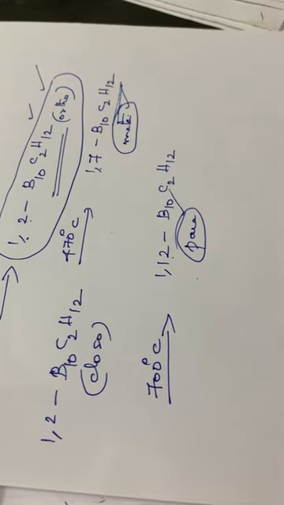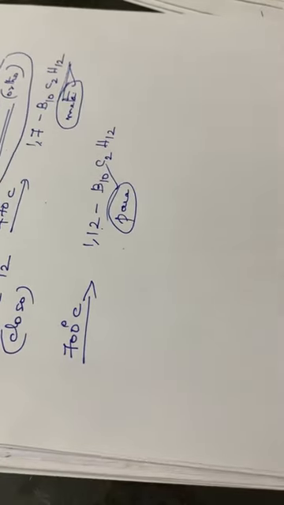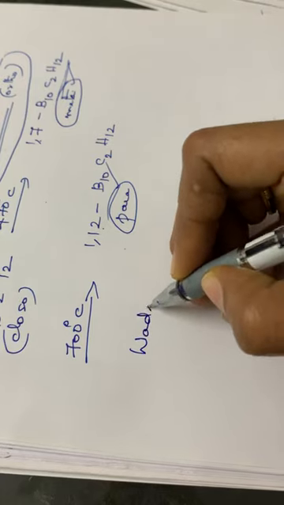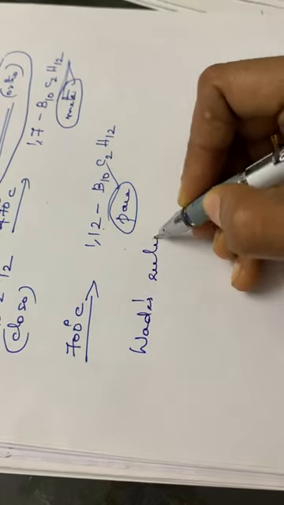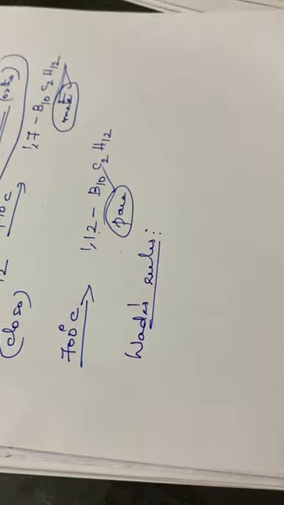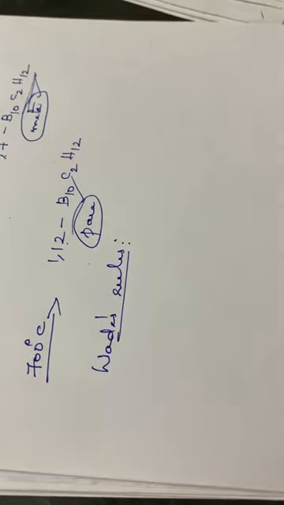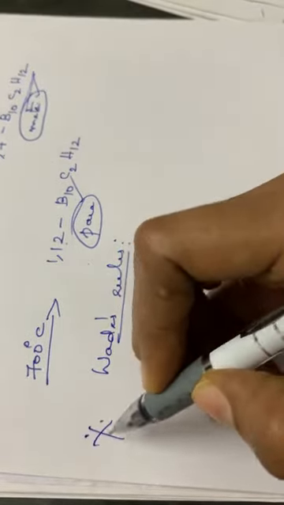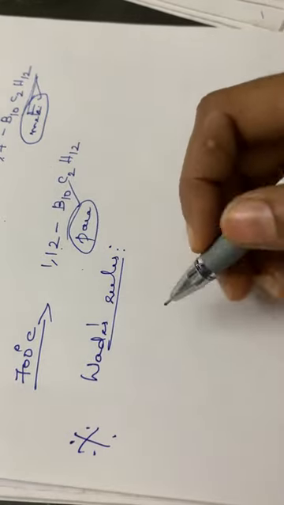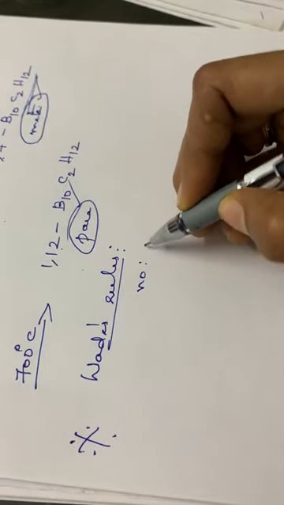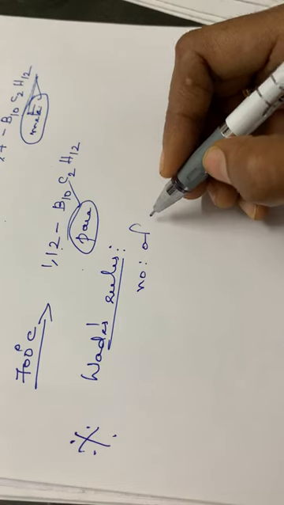Then the next one, that is Wade's rules. See, Wade's rule is very important. It is used for finding out the number of electrons present in a multi-centered bonding orbital.